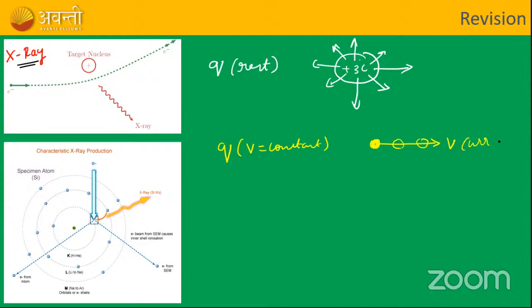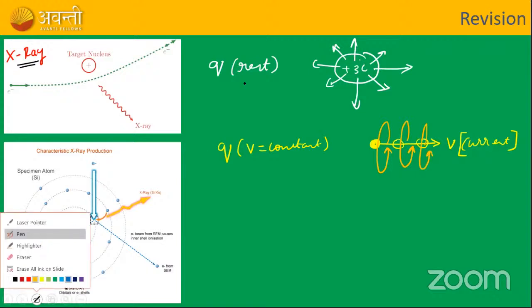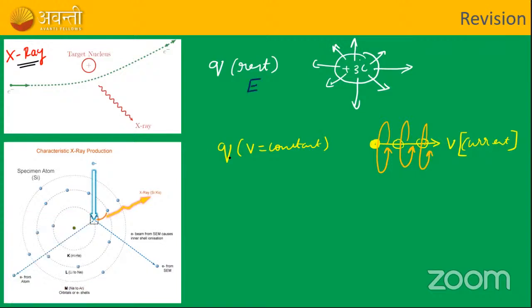So what will happen when there is current? If you remember magnetic field, whenever charges move, an electric field as well as a magnetic field is created. So let me summarize here. When the charge is at rest, I get only electric field. When the charge is moving at constant velocity, I get electric field as well as magnetic field.